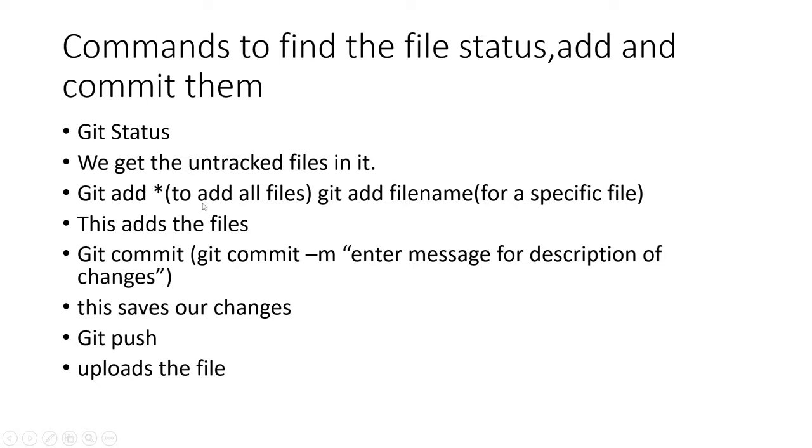This will add your file. And then when you say git commit, that will save your changes, and then you'll use git push in order to upload the file. When you give git commit, you give hyphen m, which stands for message. That is the message which you enter here. We enter this message in such a way that the team understands what changes are being made.